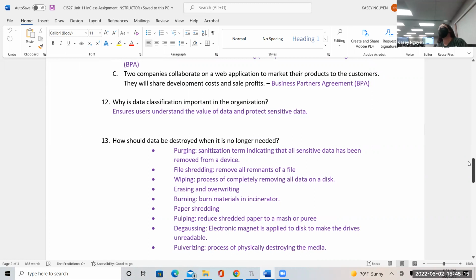Your users can be customers or employees, and a lot of the time clients. So for example, if I own a real estate company, I want to make sure that I classify my data because it has people's tax information, financial information, bank accounts, all kinds of things.